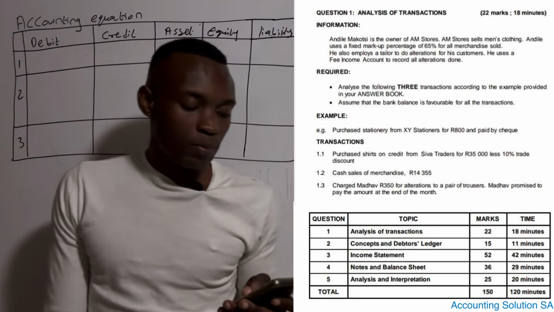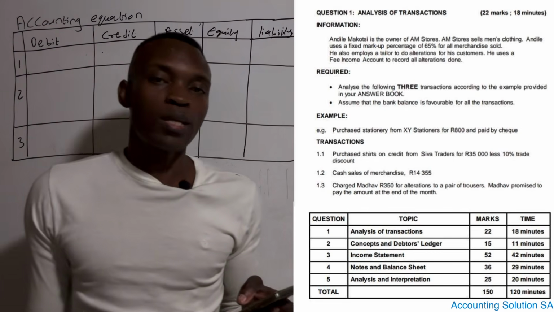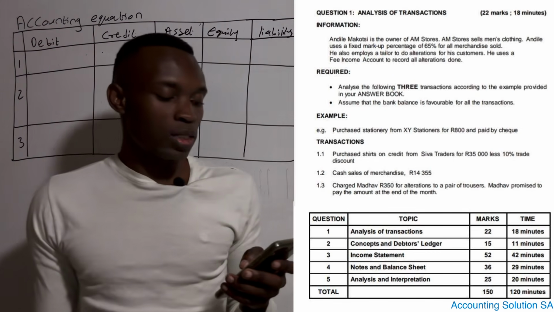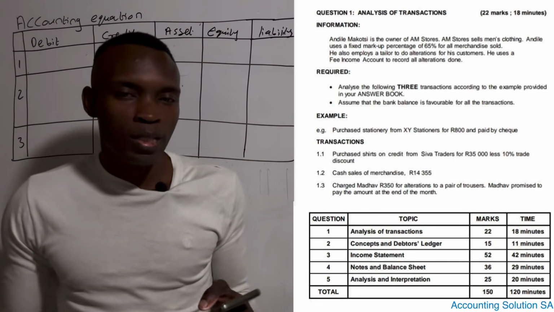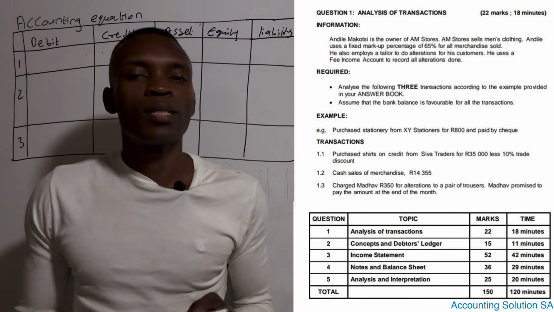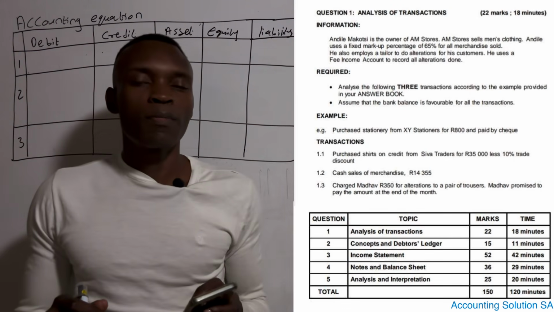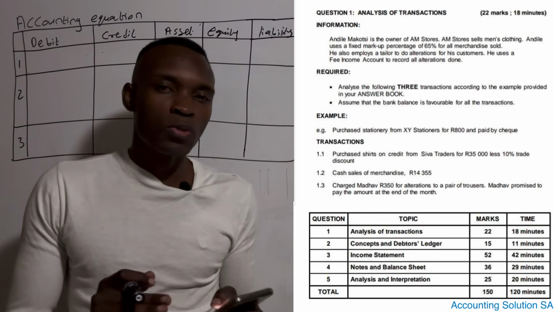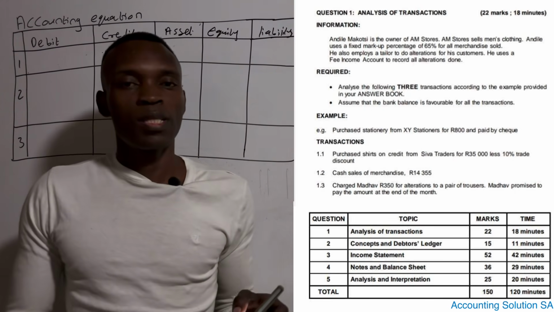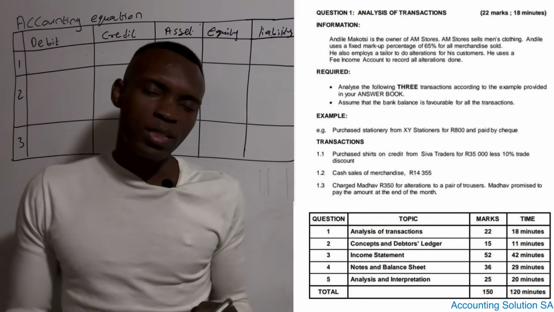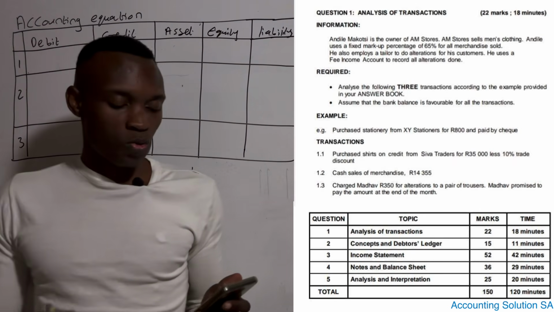You must also expect income statement, notes and the balance sheet, and the ratio, which is also known as analysis and interpretation. Also, guys, you must also expect salaries and wages, which the probability of coming is also less, because some provinces exclude it, but some provinces include it. So you must just practice it a bit, so that if it comes, you must know what to do.